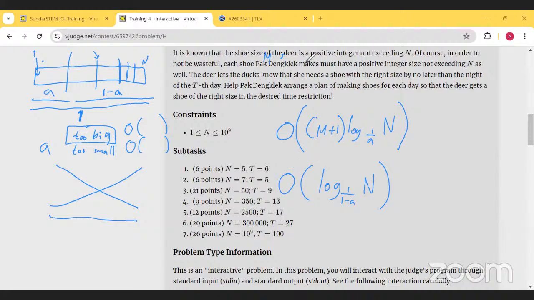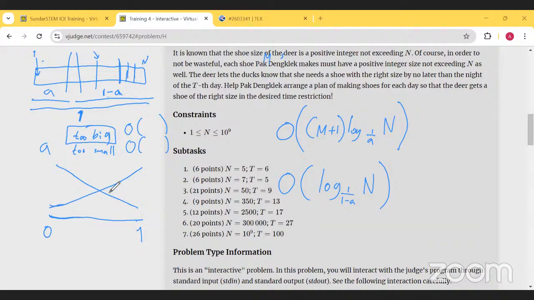And then if the value of a is greater, then this formula is also greater, right? Because the number of possible answers is greater. So if a is greater, let's say a must be between 0 and 1, right?